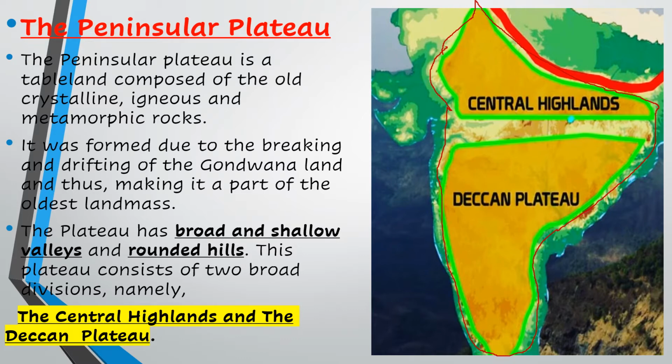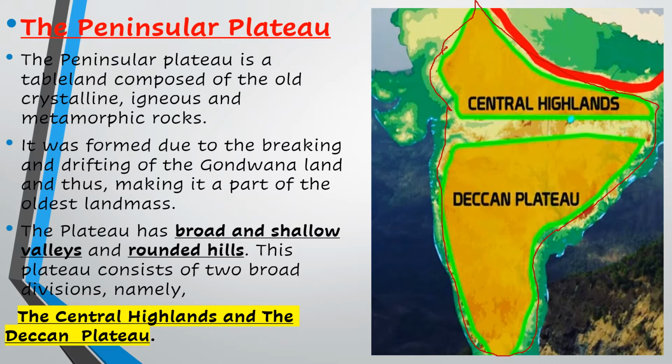Now, this was formed due to the breaking and drifting of the Gondwana land, and thus making it a part of the oldest landmass. Oldest landmass? Landmass is the solid structure that had been carried away from the Gondwana land.